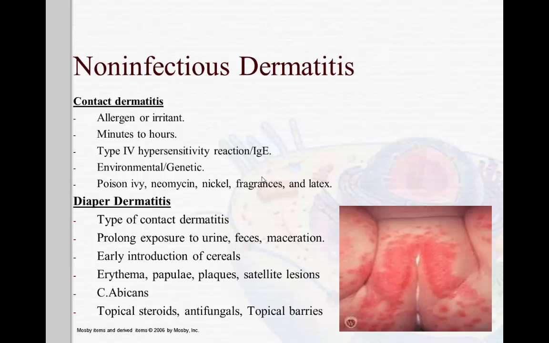If you're exposed to, for example, neomycin present in triple antibiotic or any type of topical antibiotic over the counter that has neomycin as main ingredient. If you're allergic to nickels, fragrances, latex, for example, nurses that are allergic to latex and you use gloves, you could develop contact dermatitis.